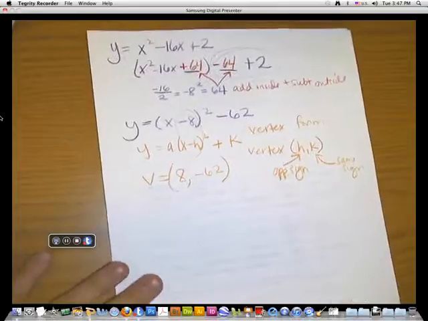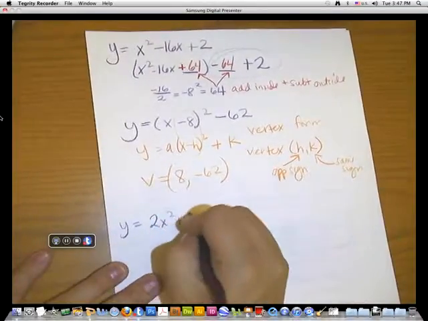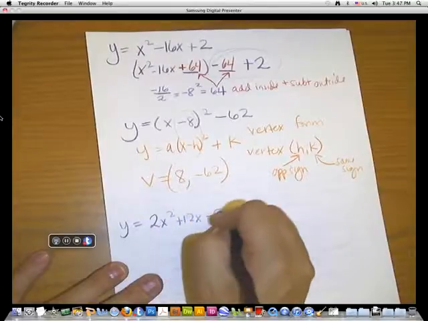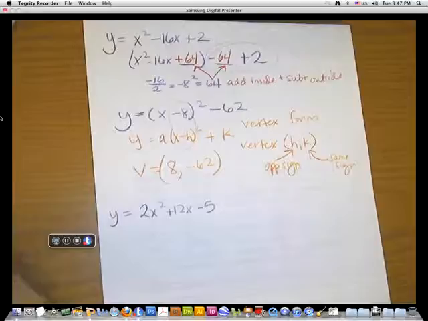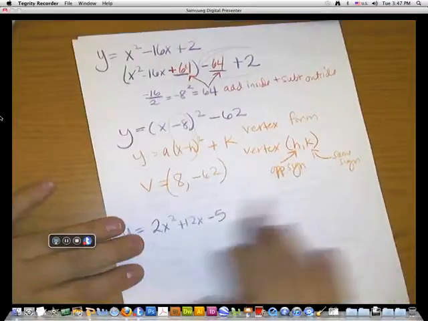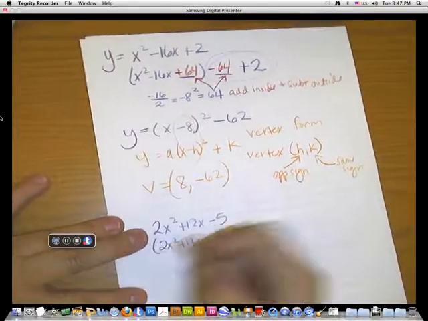Okay, so let's try this again. y equals 2x squared plus 12x minus 5. Okay, so we're going to ignore this y. We're going to separate off 2x squared, 12x.